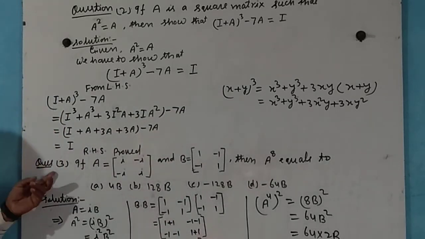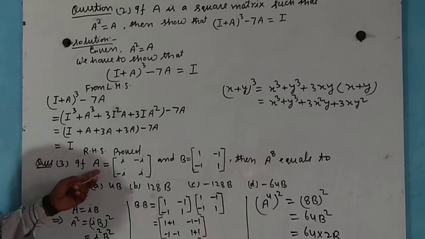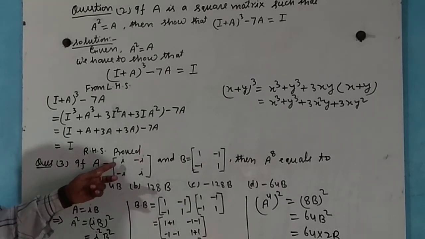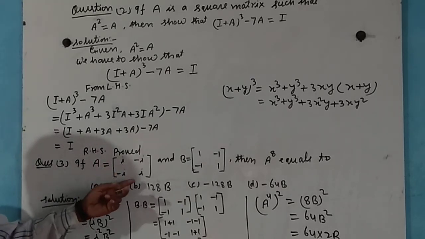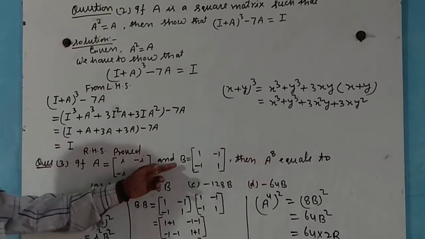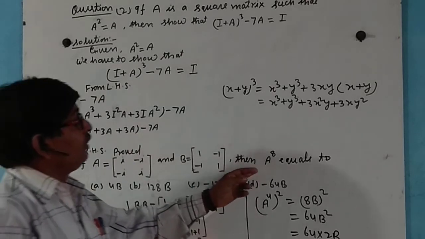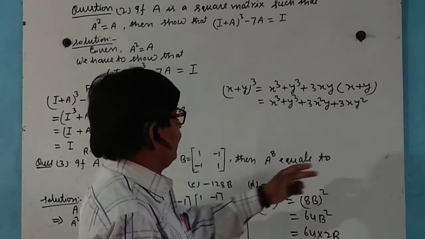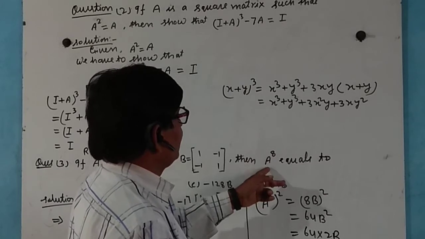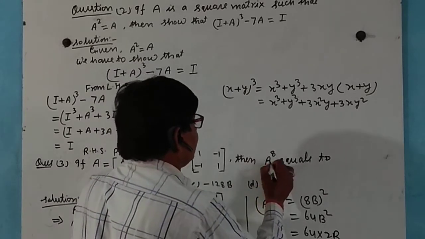Now question number 3. If A equals the matrix with entries i, minus i, minus i, i, and B equals the matrix 1, minus 1, minus 1, 1, then A to the power 8 equals, we have calculated the value of A to the power 8.